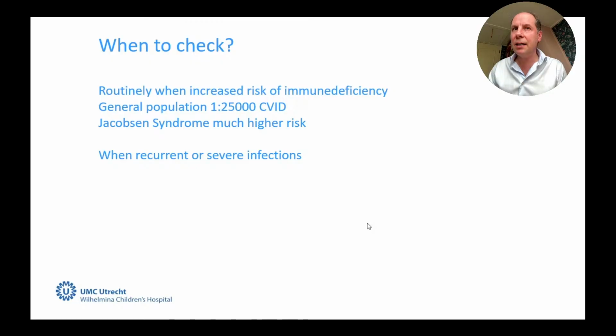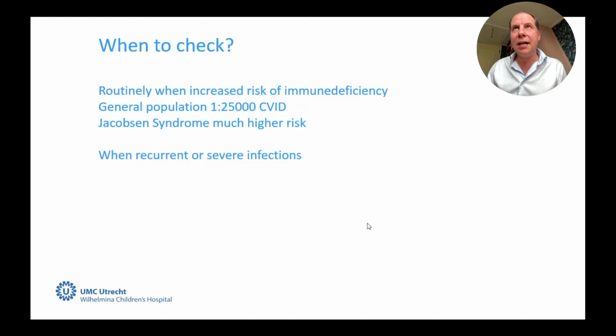It's really not possible on the available data to give an exact number, but it's a lot higher. I don't know, it's because the cohorts are biased to cohorts from immunologists. It's hard to say the real number, but I would say at least a third, to even more than that, will have immune deficiency.